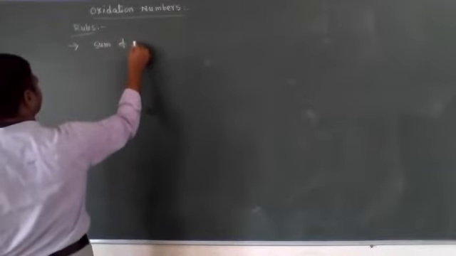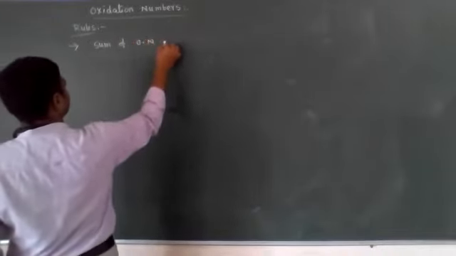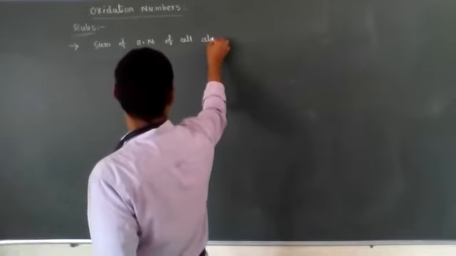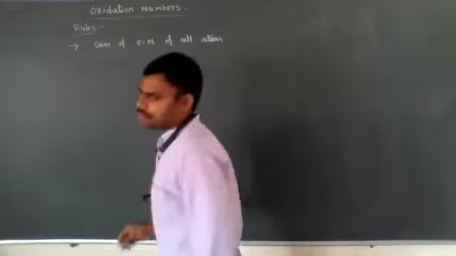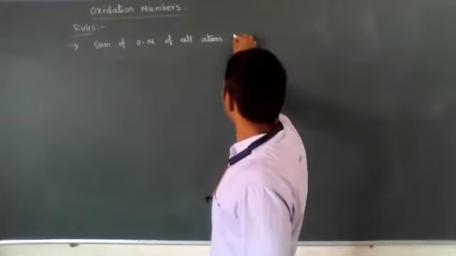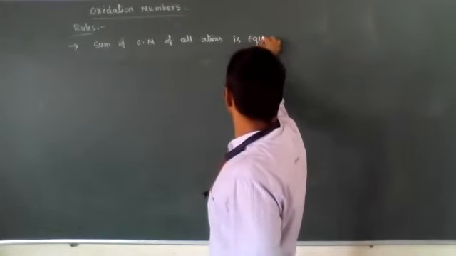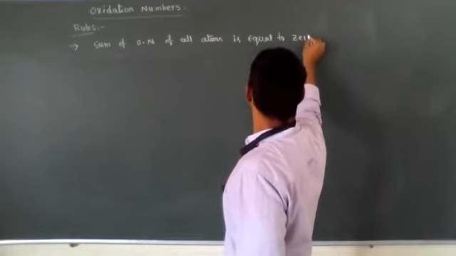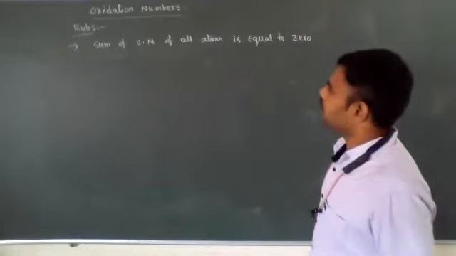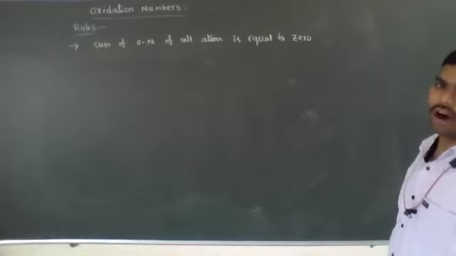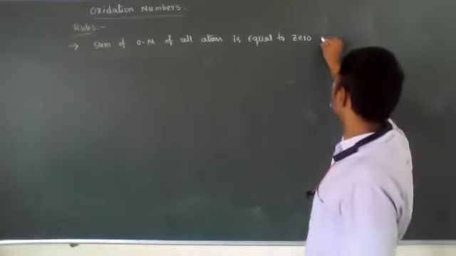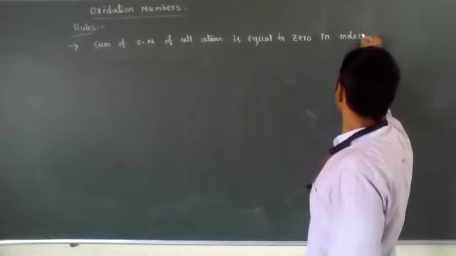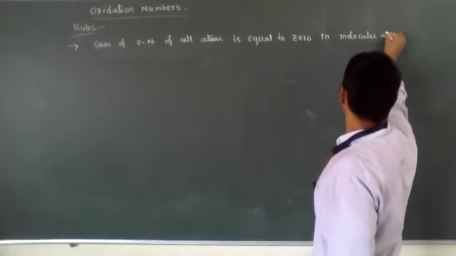The sum of oxidation numbers of all atoms is equal to 0 in molecules or neutral compounds.